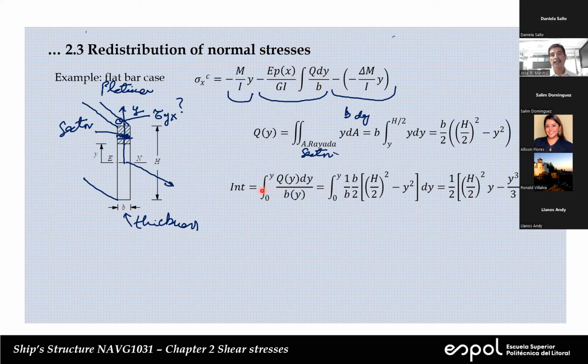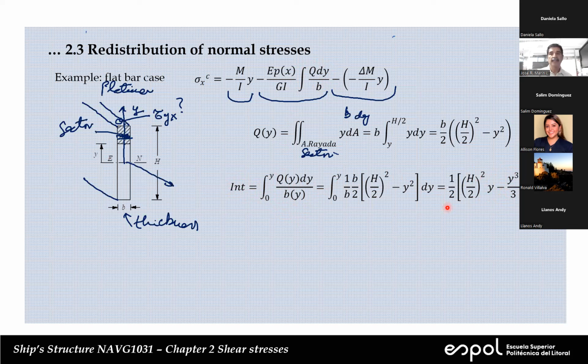You see that this is not a constant, because we are not integrating over the whole section. We are integrating from the neutral axis up to any point where we want to analyze. This is why we say this is a function of y.